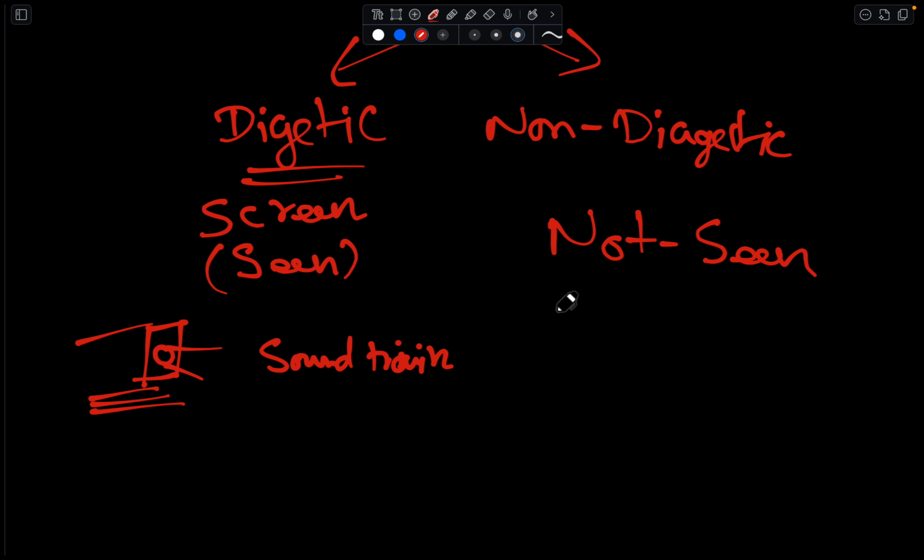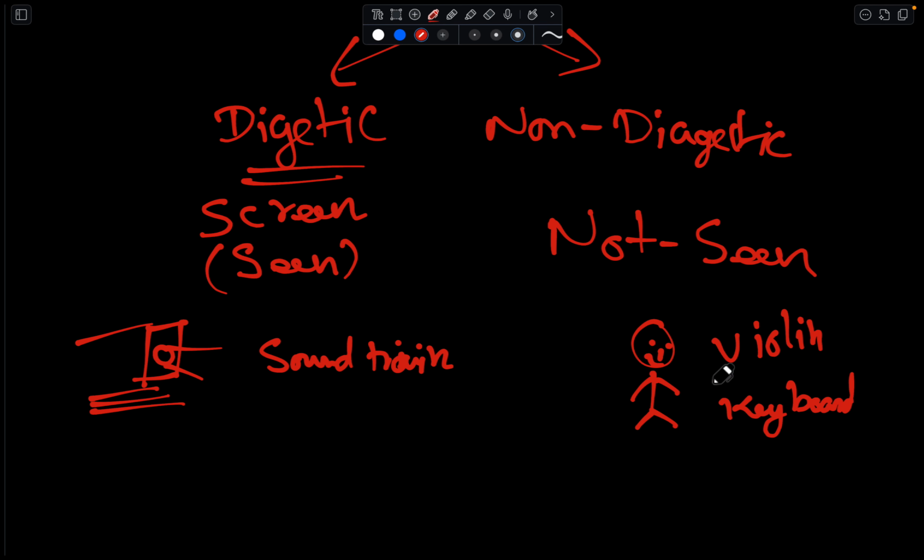On the other hand, a person is just standing and then he's singing something and you hear a lot of music, you hear violin or keyboard, but you don't see those things on the screen. So they are called non-diegetic sound.